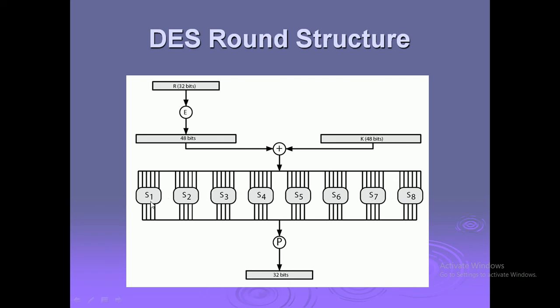Each S box takes 6 bits and produces an output of 4 bits. In total, 32 bits are input to the permutation P, and the output of the permutation is 32 bits.